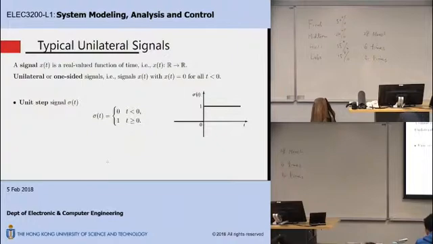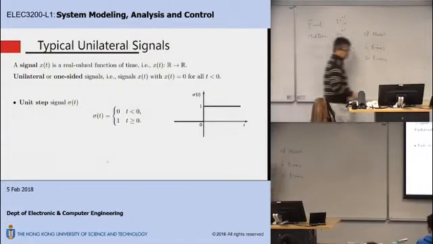A signal is a time function, from the real line, this axis is time, to a real value. So a real value, that's a signal. Very often you can draw a signal as a waveform. Right? So that's what we often do.